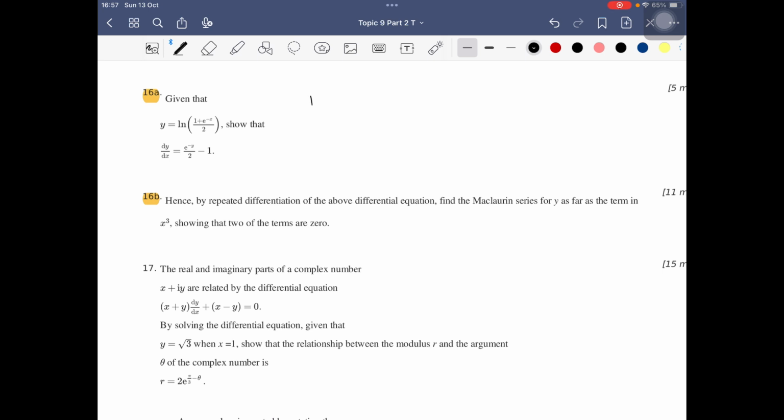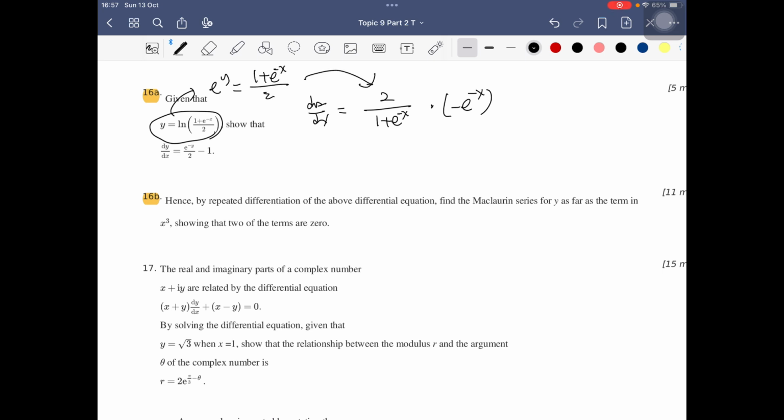Let's show that. So dy over dx is 1 plus e to the negative x times negative e to the negative x. So this is dy over dx. And this one, e to the power of y is 1 plus e to the power of negative x over 2, which means e to the negative of y times negative e to the negative of x.